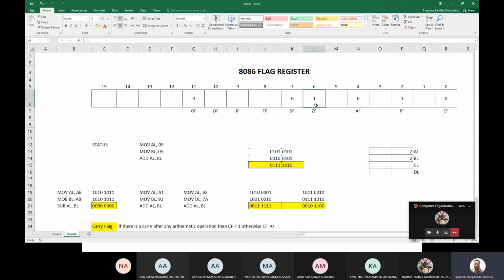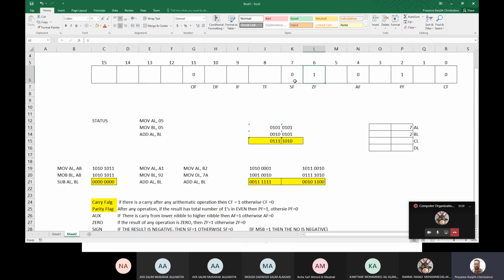If the result is 0, then the zero flag will become 1. If the result is non-zero, the zero flag will be 0. Sign flag: if the result is negative, the sign flag will be 1. If it is positive, it will be 0. Overflow flag: if the result is bigger than the size of the register, then this will be 1. Otherwise, it will be 0.